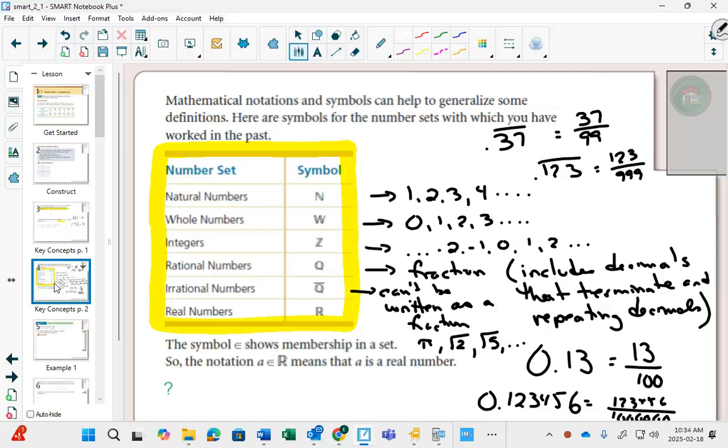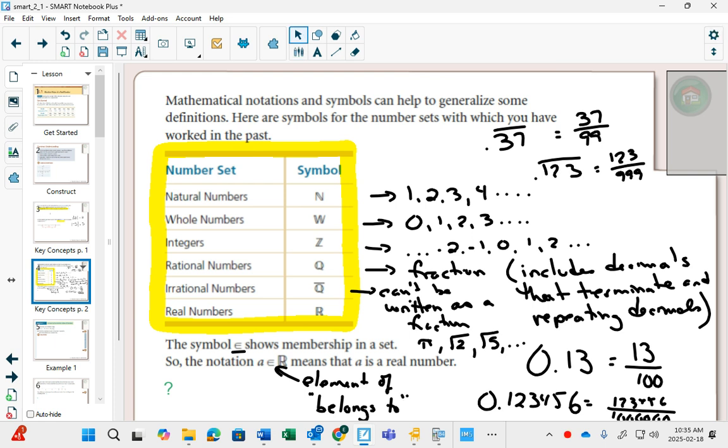We use this symbol, you used it a little bit in grade 10. This technically means element of. When we see that, we read it as A belongs to the real numbers. Because it's like you're a member. You've got a membership card and everything.